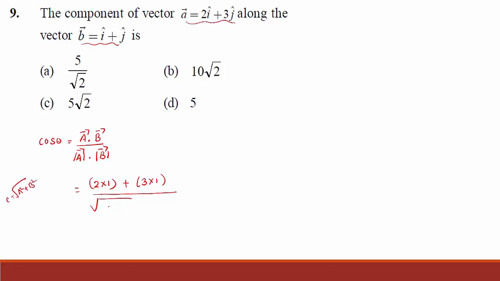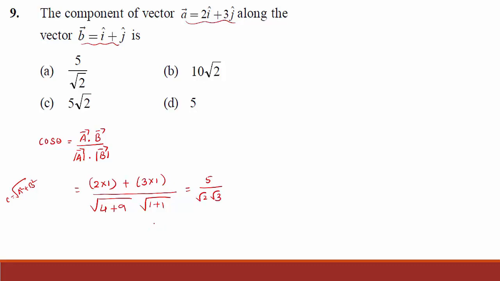We can write here A value is 2, 2 square is 4, B value is 3, 3 square is 9, root of 4 plus 9. And then here B equal to i cap plus j cap, 1 square is 1, 1 square is 1. So we will get here 5 divided by root 2 into root 3.